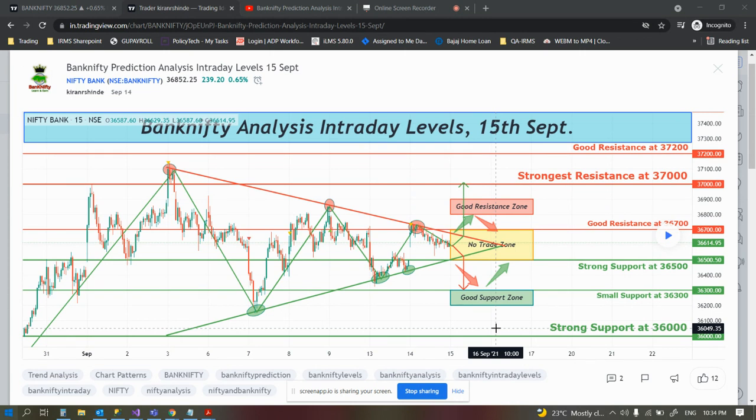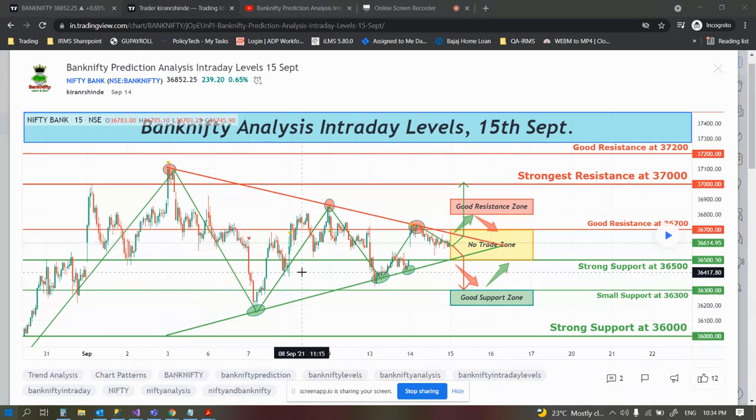This is for those who are coming into the market, new traders. Those who have good enough experience can trade as per their experience. Okay, so let us see the post market.